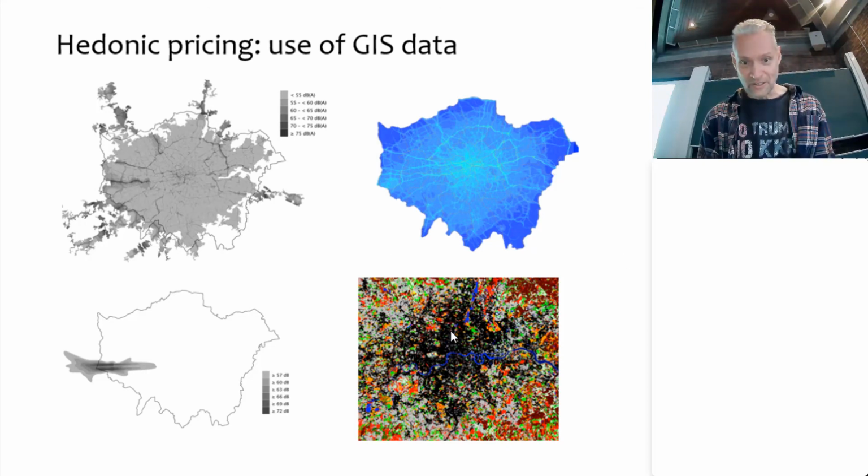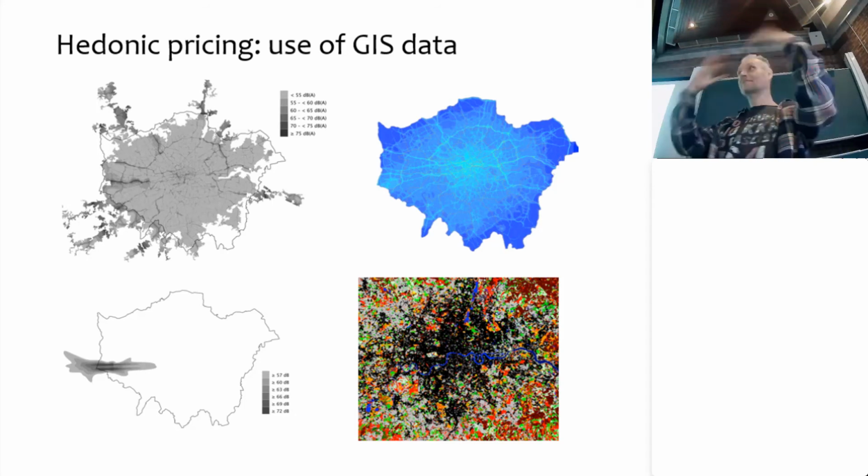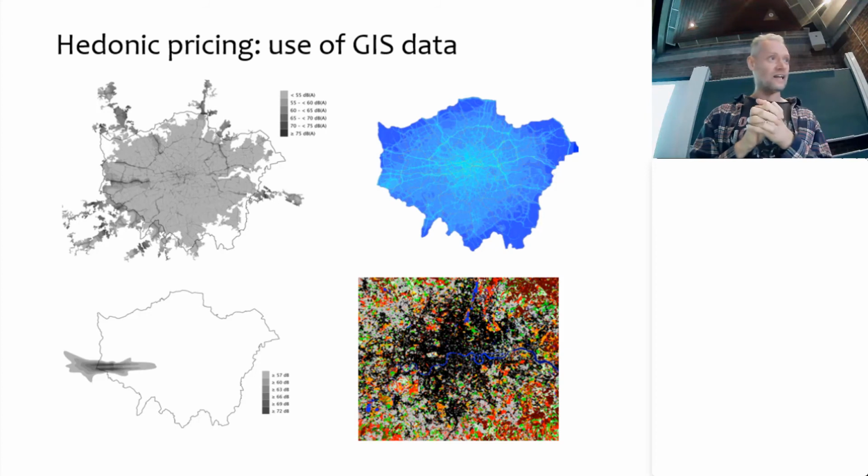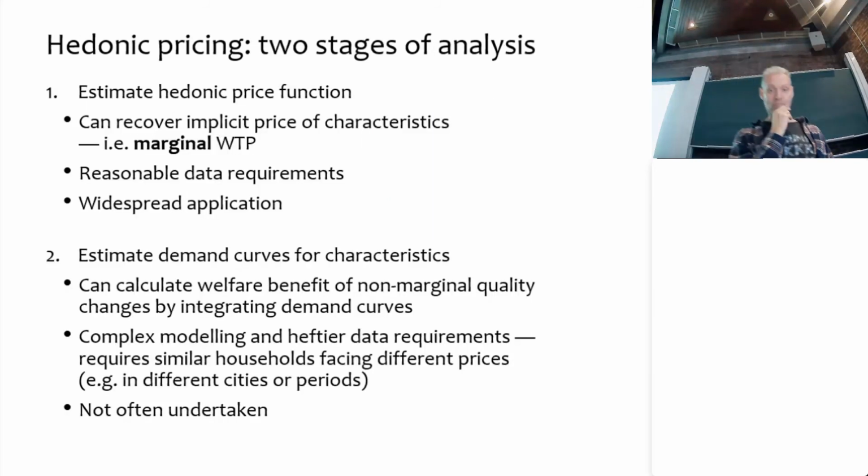In red, you're looking at industrial areas, and in green, you're looking at parks, and in gray you're looking at agricultural land. Right? So you can also calculate your distance to any of these things. Stick that in and estimate the whole thing.